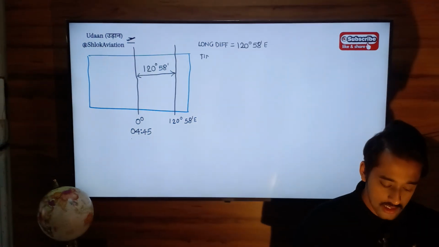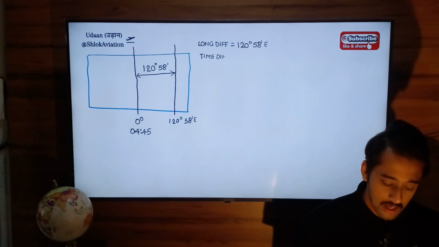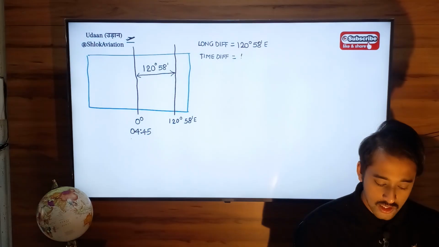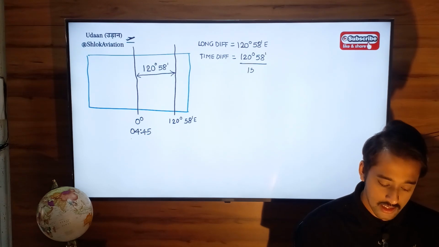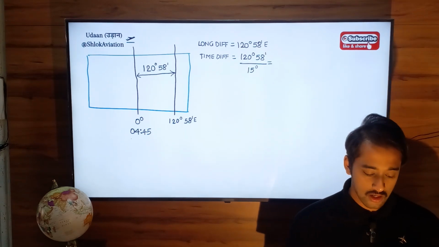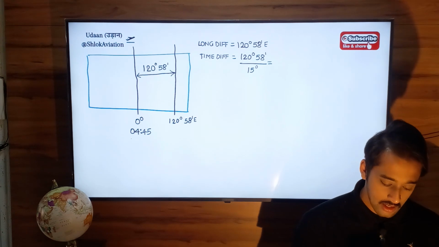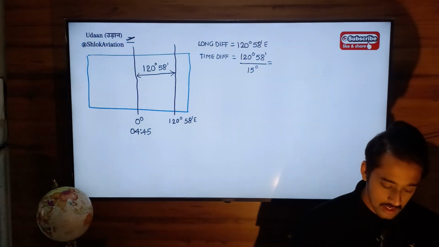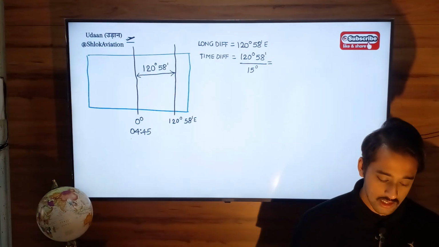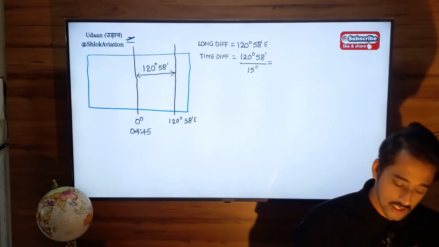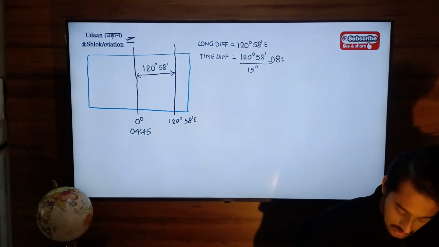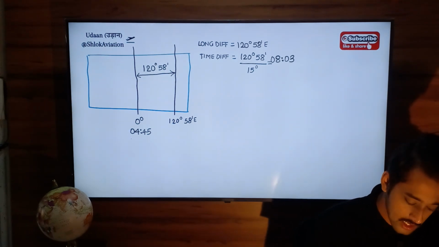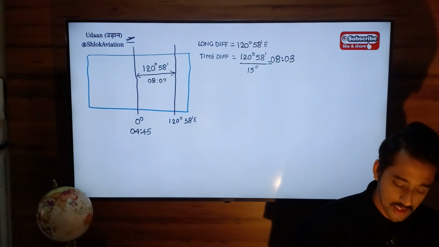The time difference will be equal to how much? 120 degrees 58 minutes divided by 15 degrees is equal to 8 hours 3 minutes. So this is a time difference of 8 hours 3 minutes.